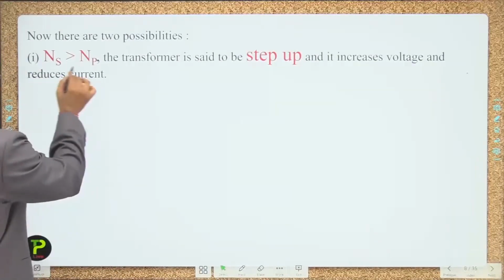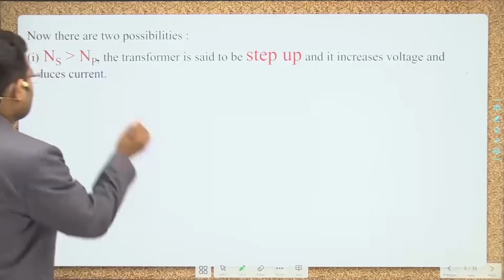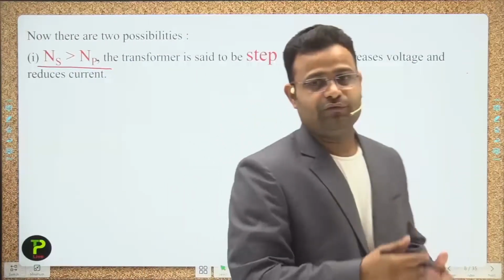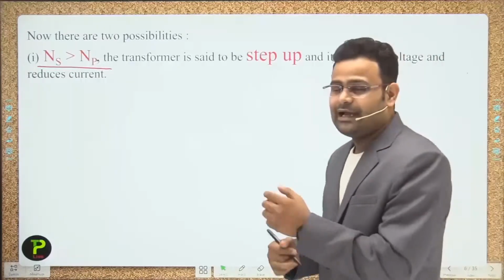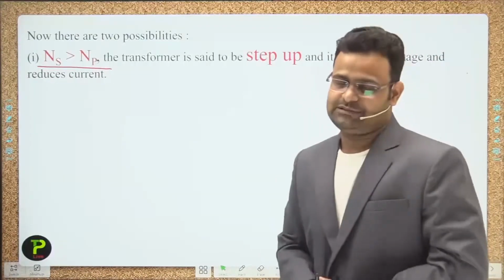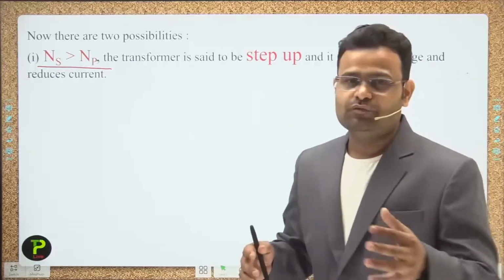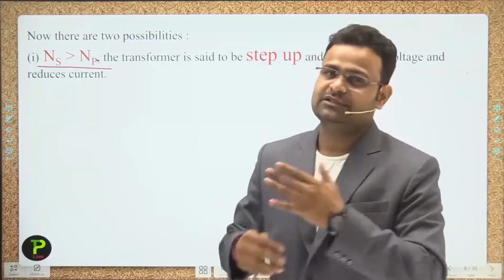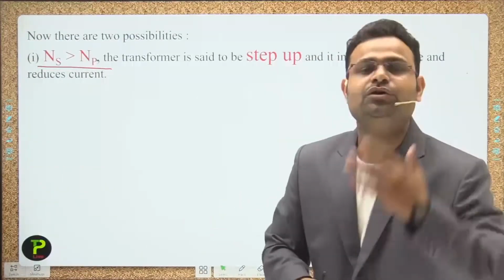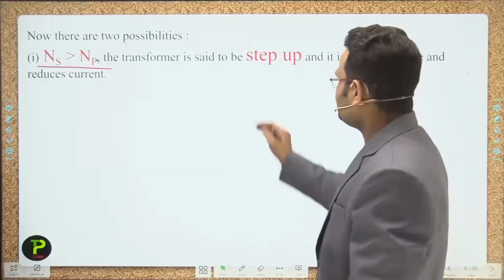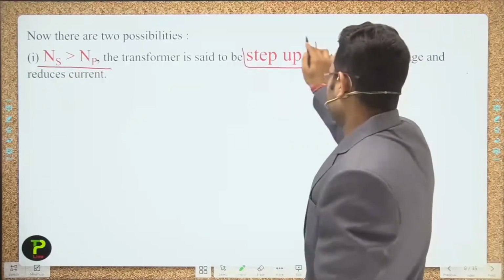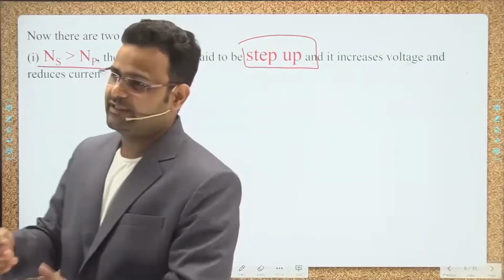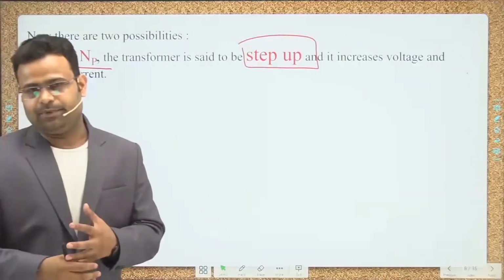If the number of turns in the secondary is higher than the number of turns in the primary, it will increase the voltage. If you apply 2 volts, then we get more than 2 volts, depending on how much the number of turns is increased compared to the primary. So that is called a step up transformer. It steps up the voltage.